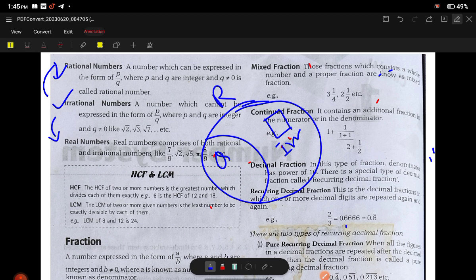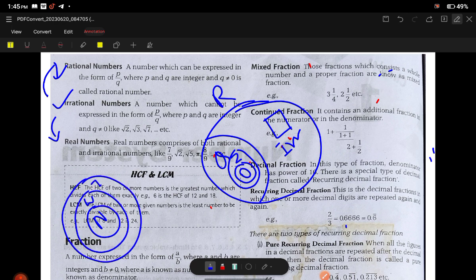And inside the rational numbers we will get different sets. That is, we will get integer Z, inside integer the whole numbers W, and inside whole numbers we will get natural numbers N. This whole thing is under rational, Q. And another part is irrational.